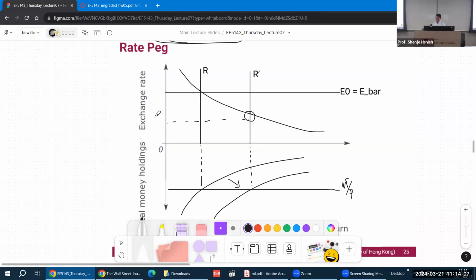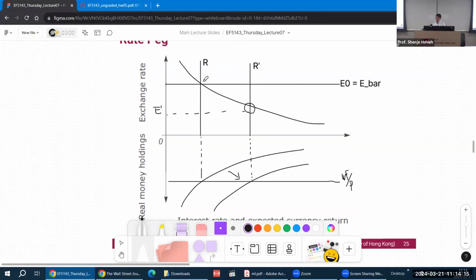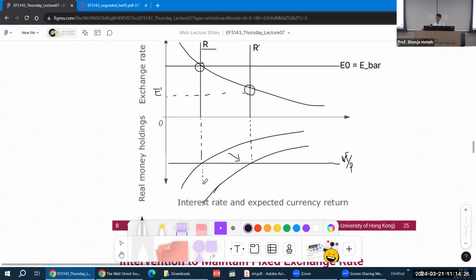If E drops to here, the central bank loses credibility. So the central bank has to do something to restore back to this point here. This point here is possible as long as it maintains this R, as we all know, right? R has to equal R star, no change. So that's only feasible if we somehow move the money supply curve downward, such that the new equilibrium stays here.